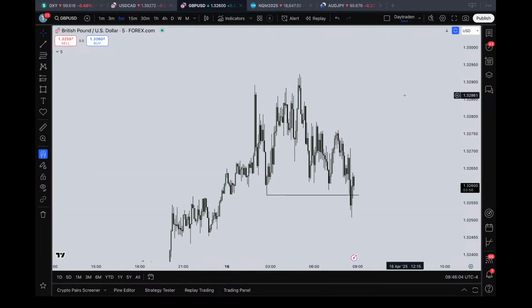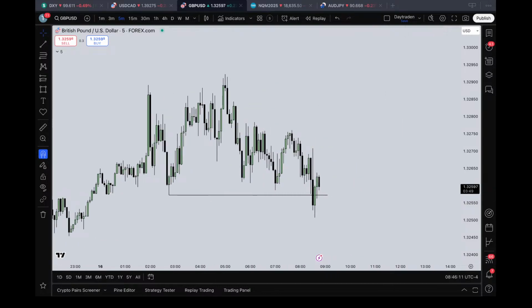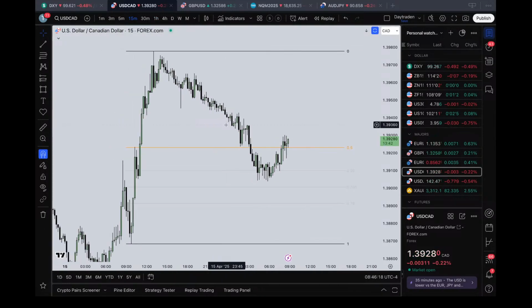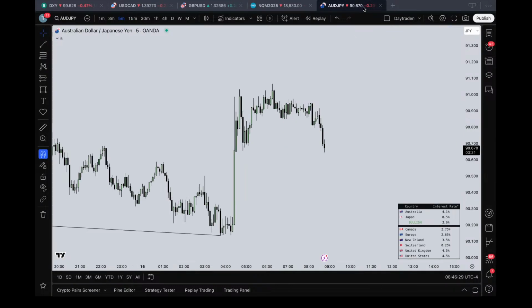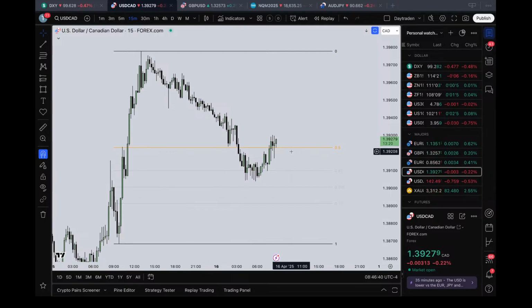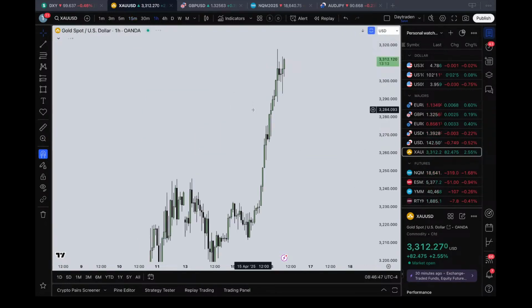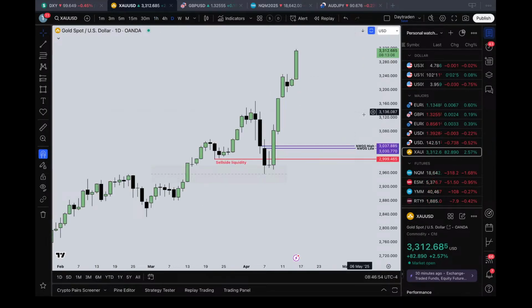Honestly, this market is so dead. Gold also so extremely bullish, it's not tradable.